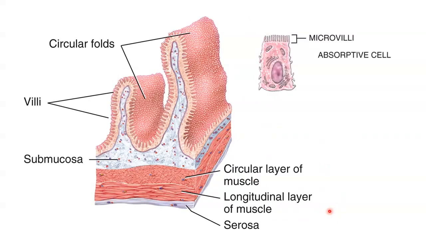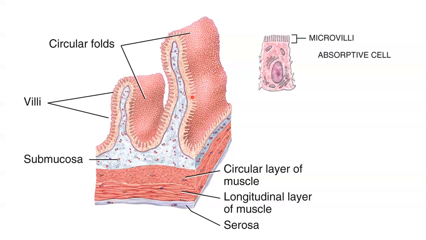But just coming back to absorption, because as I mentioned, most of the absorption of our nutrients occurs in the small intestine, and because of this, its structure is specifically adapted for this function. So for example, the length alone of the small intestine provides a really large surface area for digestion and absorption, but then we also have other structures which further increase that surface area. So we have our circular folds, also sometimes called the plicae circularis.